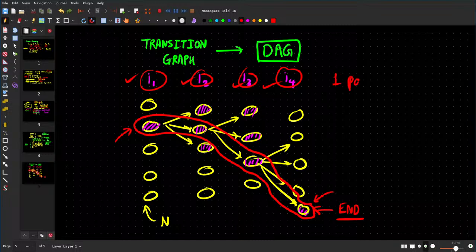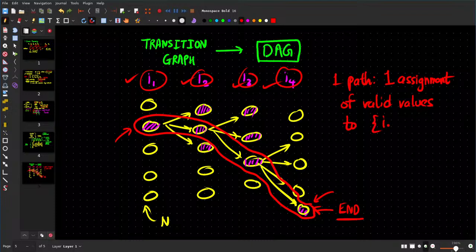So this is one path, and obviously one path means one assignment of valid values to this set I1, I2, I3 and I4.